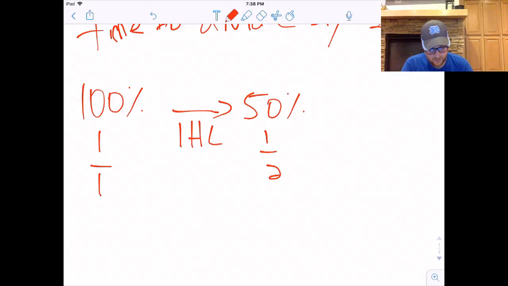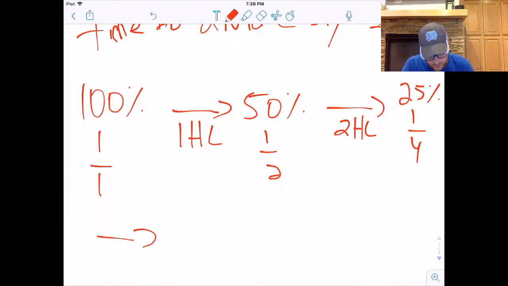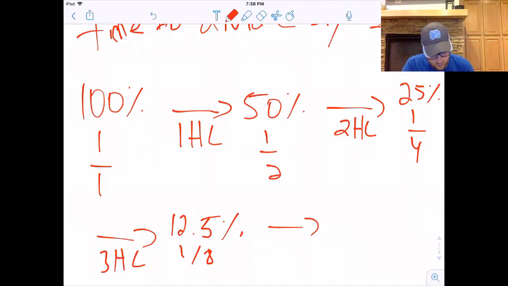Go through a second half-life, and you're down to 25%, or 1/4. And you go through a third half-life, and then you're down to 12.5%, or 1/8. And then you go through a fourth, and you're down to a 16th.